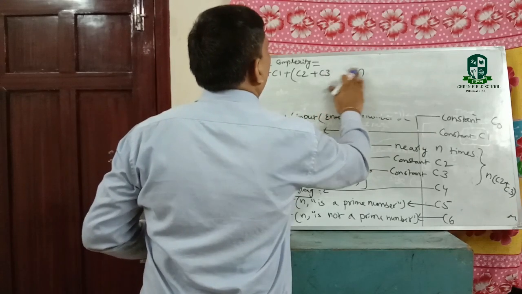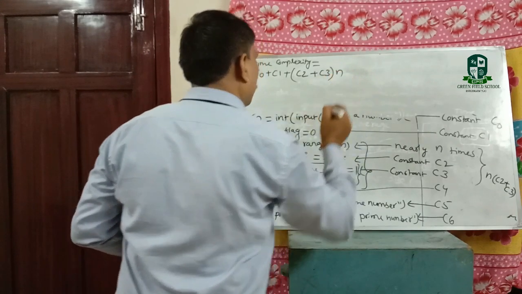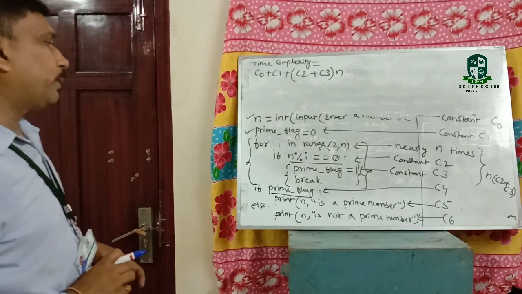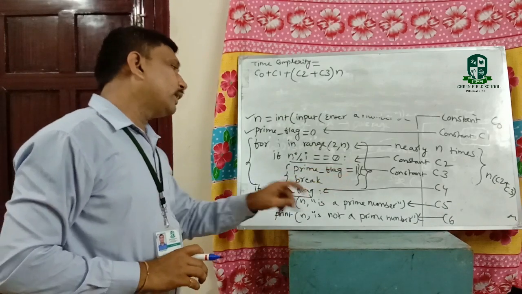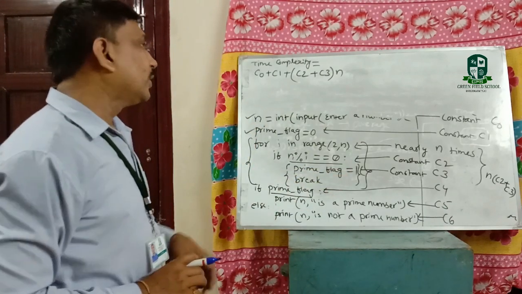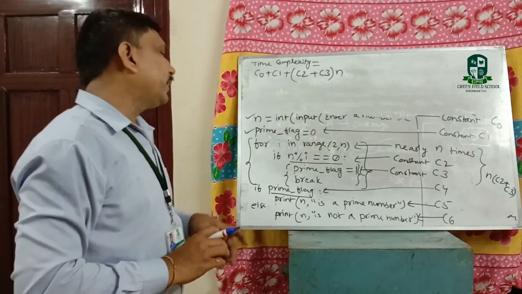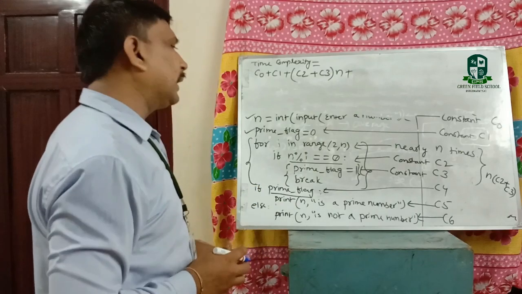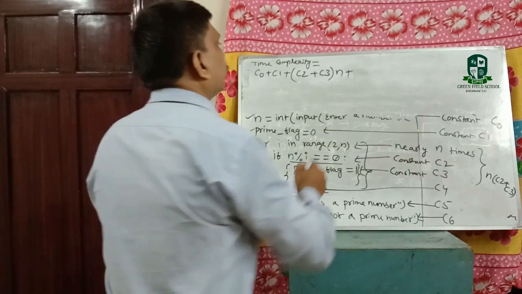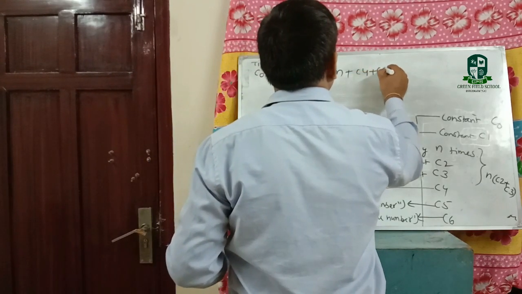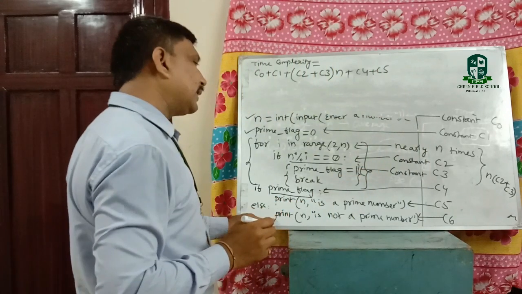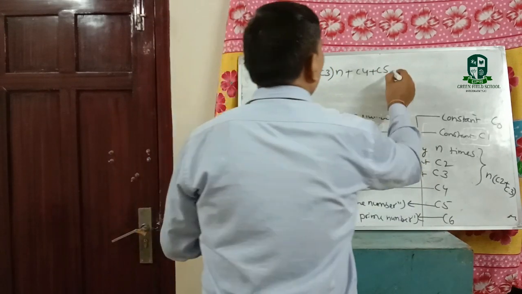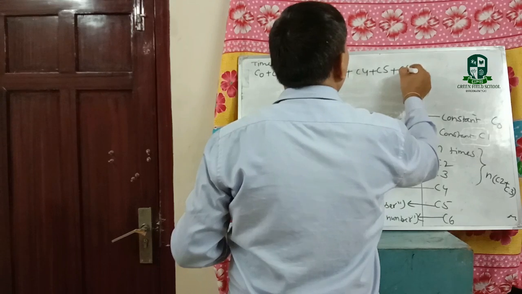So we consider C2 plus C3, into n. Then again plus the if part C4 plus C5. So we consider C4 plus C5 plus C6. The last else part consists of the statement C6.